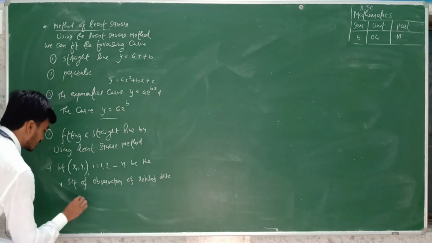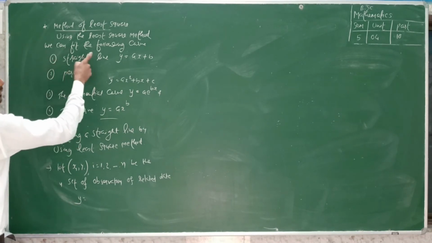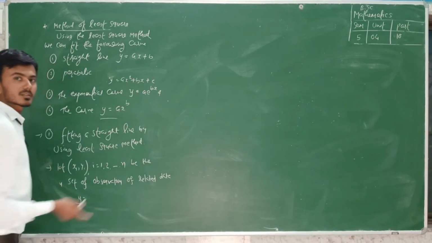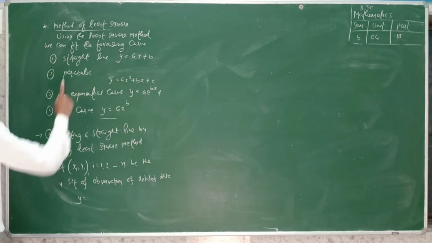Previously we discussed y is equal to a plus bx plus cx square plus k into x raised to m minus 1, which is the curve.